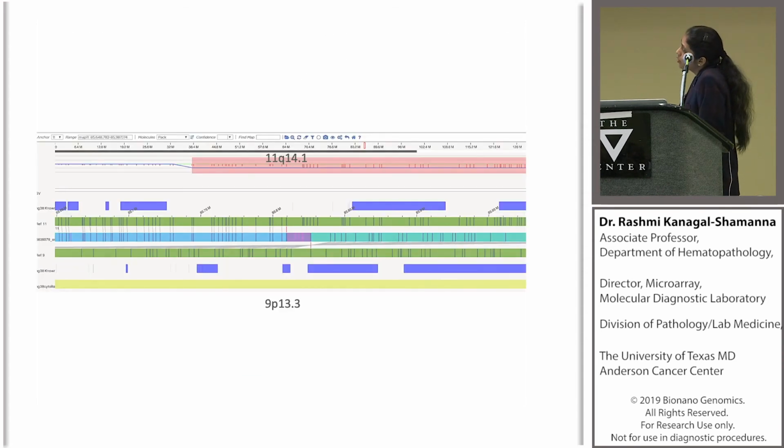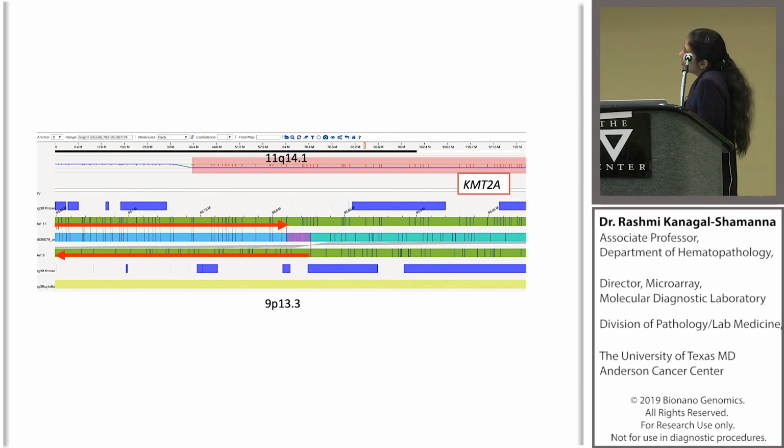But upon a closer view, we find that the translocation happens to be between 9p13.3 and 11q14.1. Here is the map. This maps to chromosome 11, and here chromosome 9 is flipped, and it's a translocation between 9 and 11. And in addition, there seems to be a deletion here.